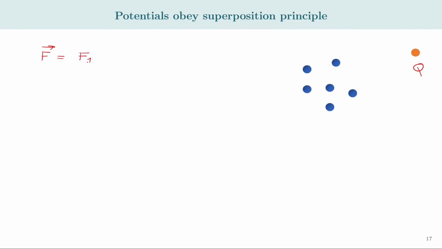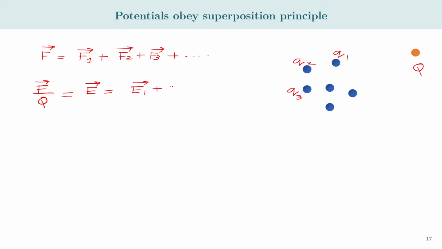That is, F equals F1 plus F2 plus F3 plus etc., where F1 is the force due to charge Q1 alone, F2 that due to charge Q2 alone, and F3 that due to charge Q3 alone. When we divide this equation throughout by Q, that is F over Q, what we get is the total electric field, which is equal to E1 plus E2 plus E3, etc.